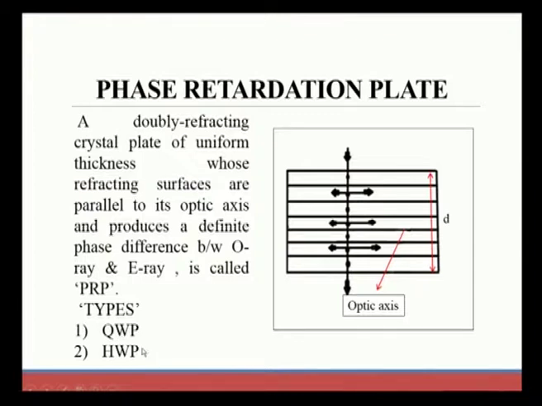There are two types of phase retardation plate: the quarter wave phase retardation plate and the half wave phase retardation plate. We are going to study the quarter wave plate and the half wave plate one by one.